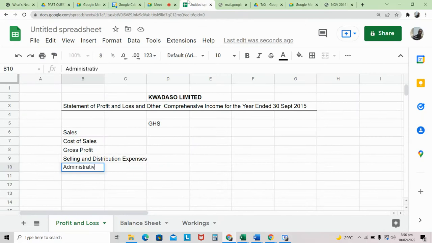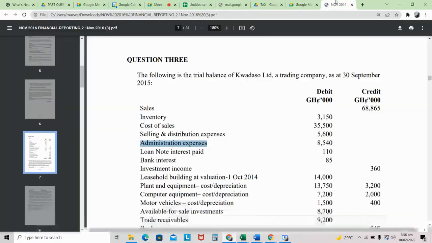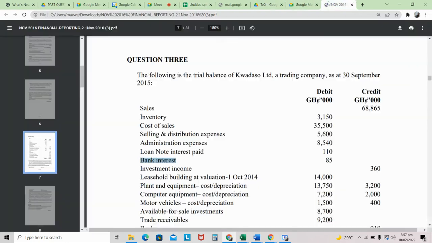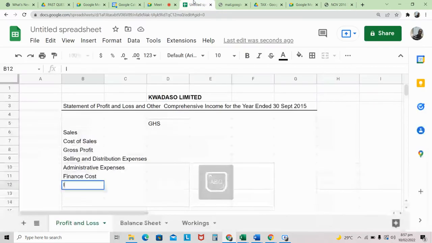What else? Loan note interest paid, this one is not part. Bank interest, which is finance cost. Okay, what else? Investment income is also an income statement item.